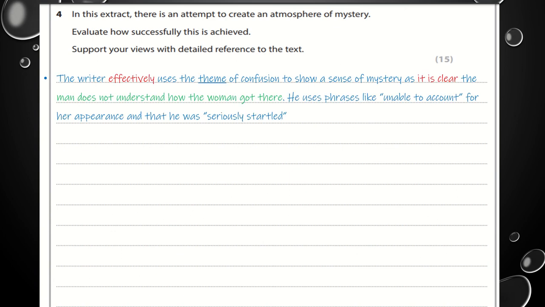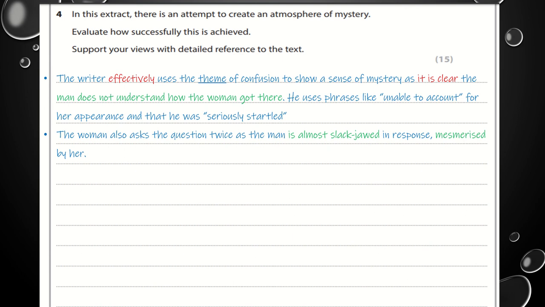A few other things. We've got the theme of confusion to show that sense of mystery. So everything that you've written in question 3 is probably relevant here, but in short, the theme of confusion shows it's clear the man does not understand how she got there. He's confused, he's worried, he doesn't trust her, and he's unable to account. He just does not know how she got there, which is very clear from the narrator.